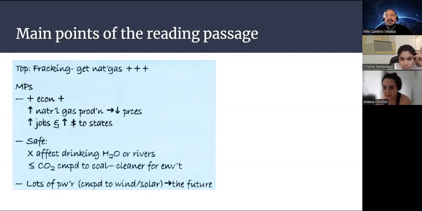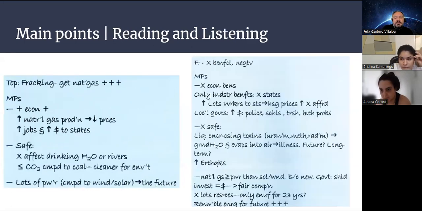Exactly. So here you have the shorthand that is presented by the book. First of all, fracking is not as beneficial and it has a lot of negative aspects, right? Then the main points, three again. So it's not beneficial for the economy, right?